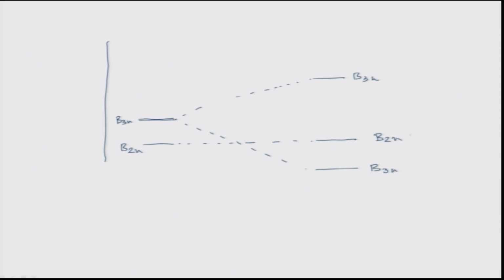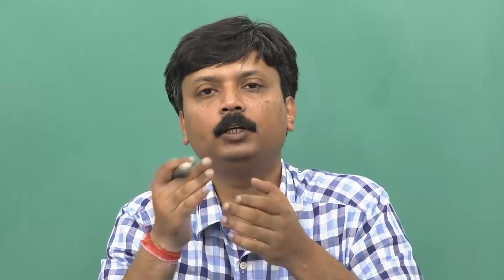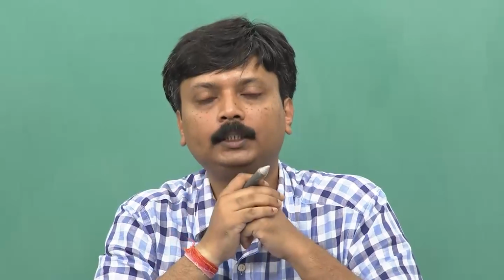Now, if you have this kind of situation, what you end up with is a split energy level, and it can happen not only in the case of electronic states. You can have the same situation in the case of vibrational transitions involving vibrational states.